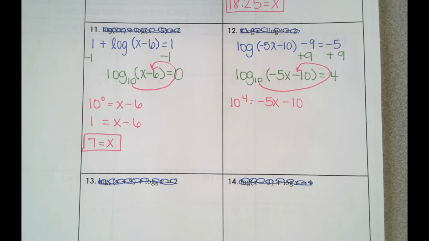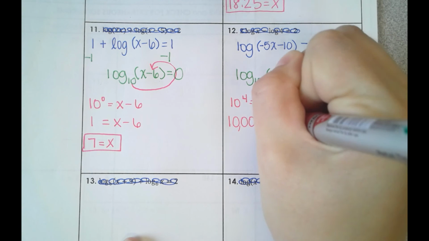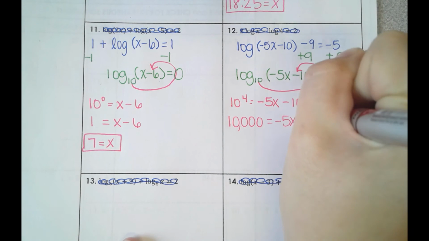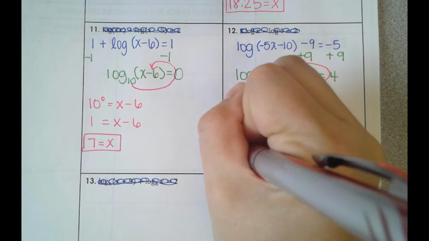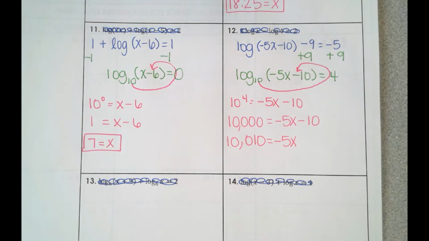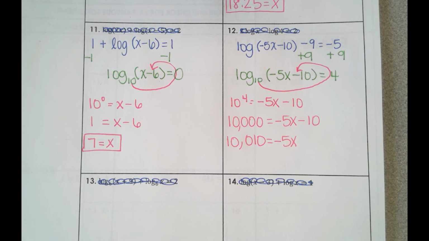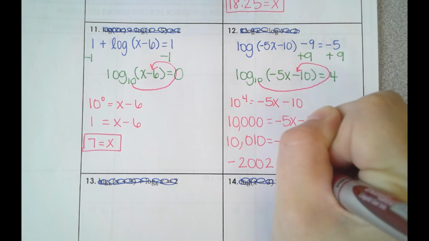What is 10 to the 4th power? 10,000. And if we add 10, we get 10,010. And if we divide by negative 5, we get negative 2002 equals x.